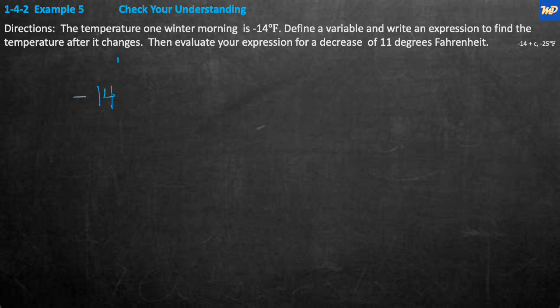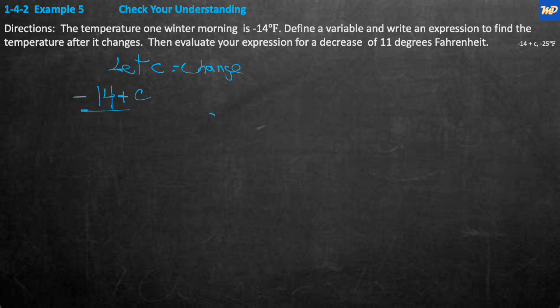So I'm going to say let C equal the change. Okay, C equals the change. So now we're going to add the change, right? We have to add whatever the change is. It says write an expression to find the temperature after it changes. So it's negative 14 plus the change, and that equals whatever the new temperature is.